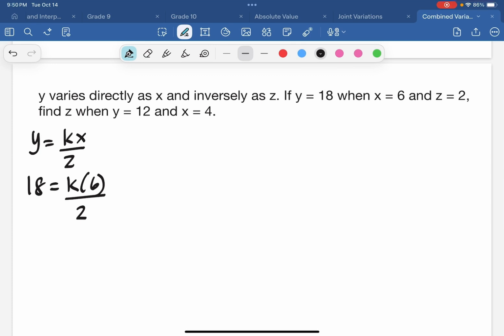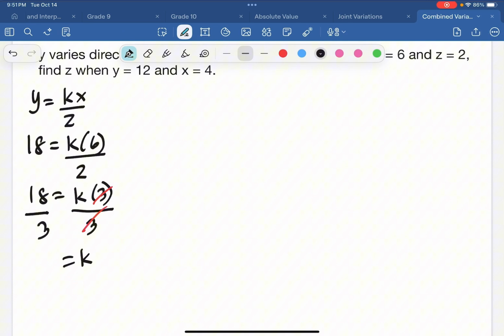So just like before, we could just divide 6 and 2 right away. So let's write 18 is equal to k, 6 divided by 2 is 3. Now divide both sides by 3. You could cancel. And we are left with k, and 18 divided by 3 is 6. And this is our k, our constant.